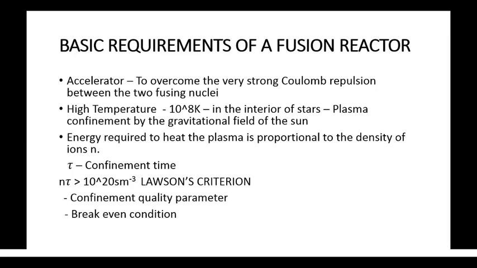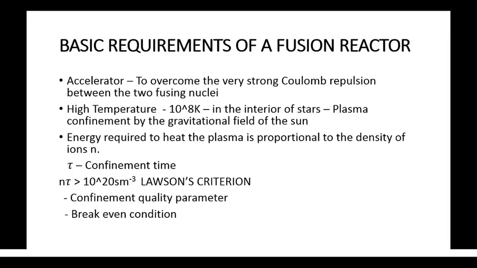And this much temperature we can see only in the interior of the stars, where there is a gas consisting of positive ions and negative electrons, and that state is called plasma. So the main problem for a fusion reactor is to confine the plasma for a long time so that the fusion reaction can take place.